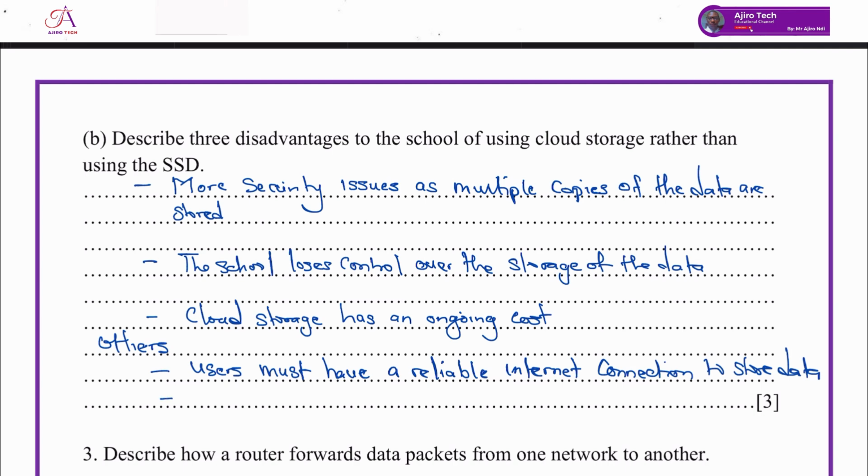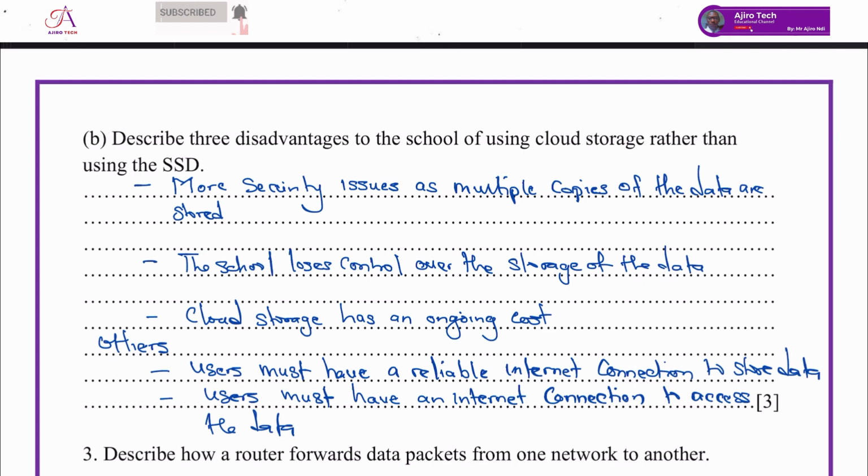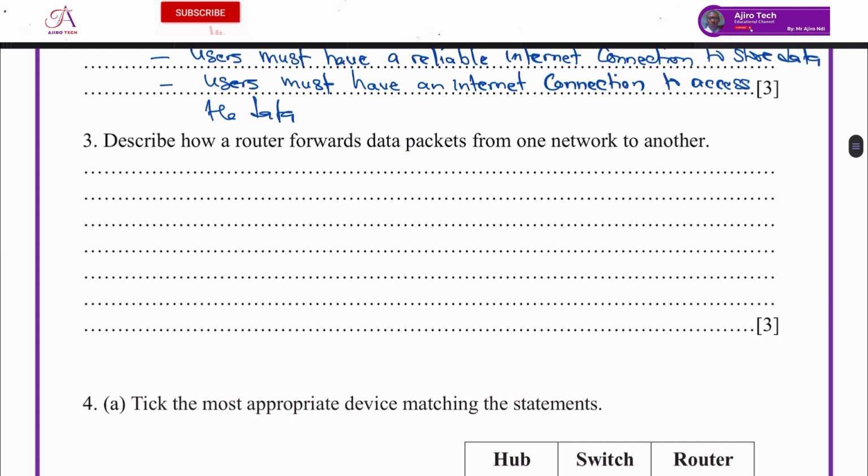Again here we can see that users must have an internet connection to access the data. If you access your data without internet, that simply means you've made it offline. But you need internet to be able to store the data. You need internet to be able to access the data.